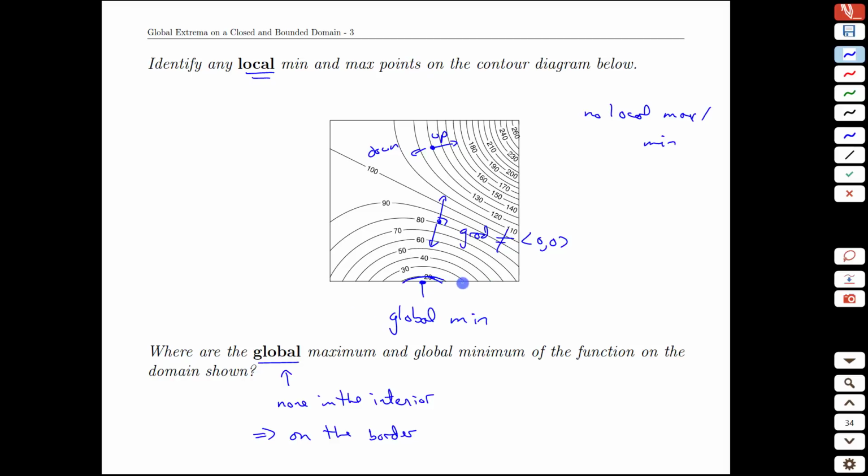Because then we're going to go back to 20, 30, 40, 100, keep going up and up and up. And we can see that as we keep going up, we're going to end up at this point on the boundary, and that is going to be our global maximum. So in this case here, the global max and mins occur on the border.